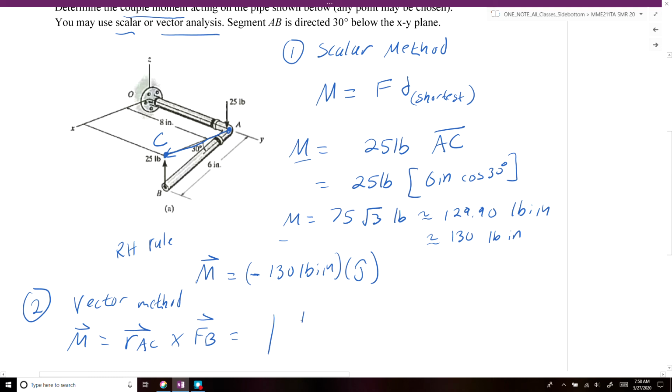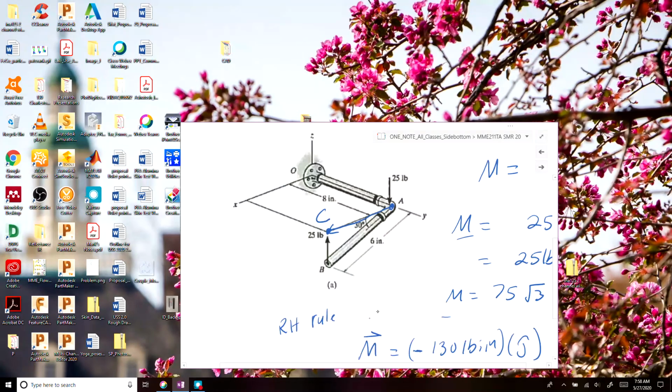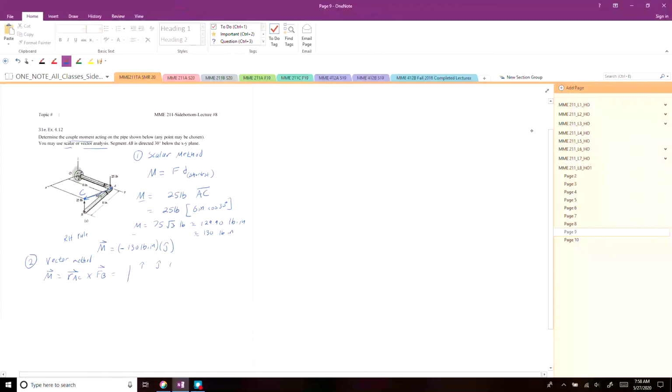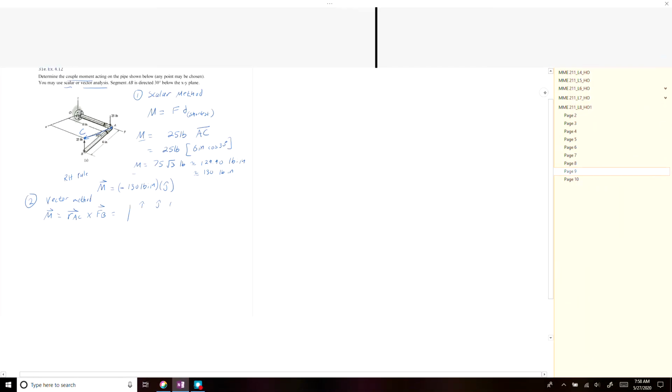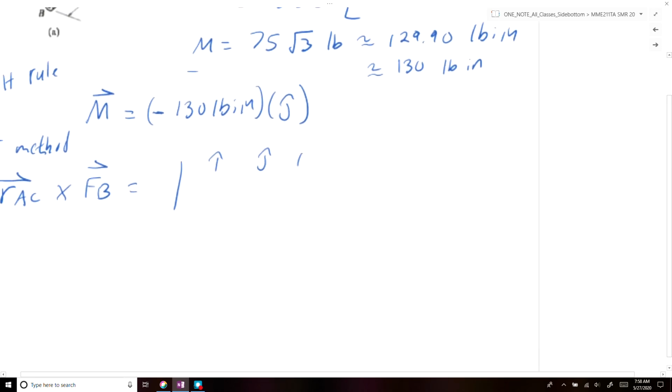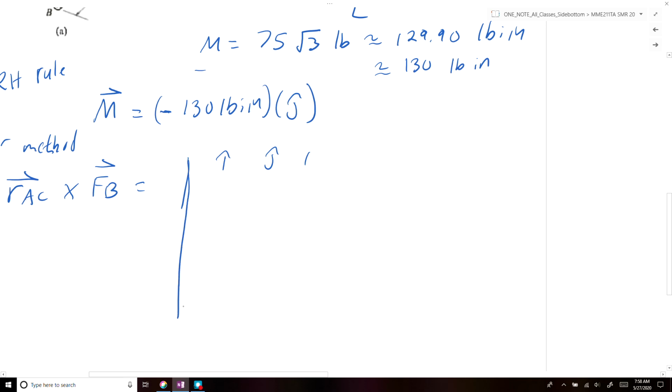So we can plug in our values into this determinant equation.